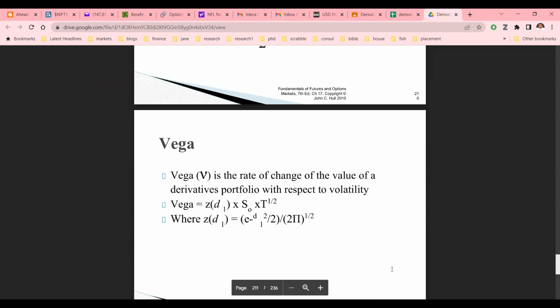Okay. Now, another Greek is the rate of change of the value of a derivative portfolio with respect to volatility. So this is another interesting Greek, which essentially describes how the value of a derivatives portfolio changes with respect to underlying volatility.